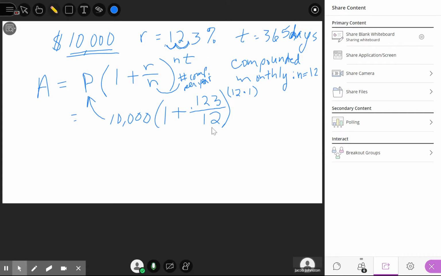Okay, so now we will go in to the Desmos graphing calculator and enter all of this information in.